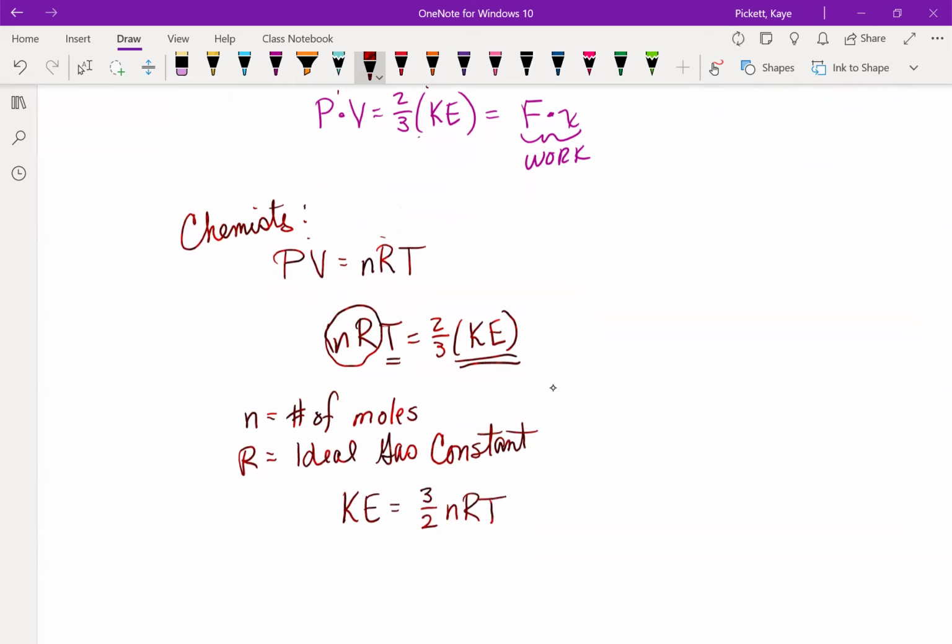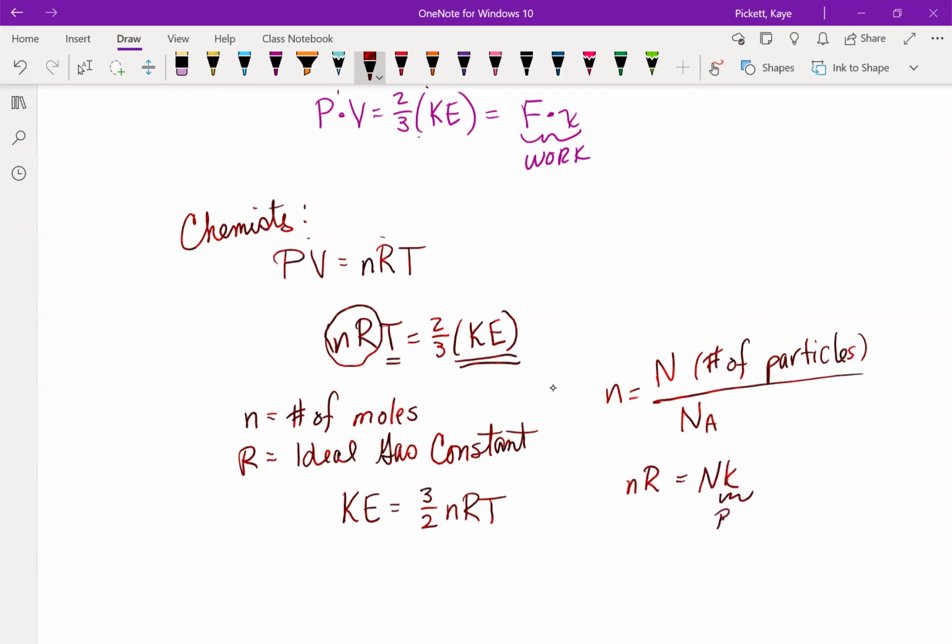Well, n is the number of moles, and n is the number of particles divided by Avogadro's number. Then I can also write a relationship, and this is just another fancy way of saying it: nR is equal to the number of particles times k, and this is Boltzmann's constant.